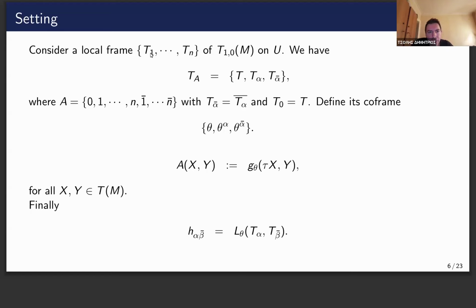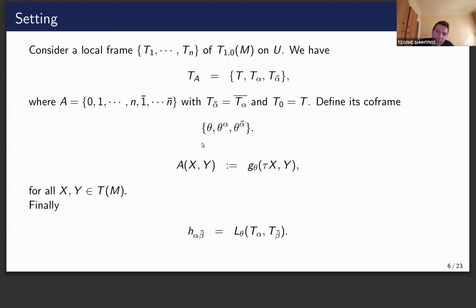And alpha runs between 1 to n. So we also said that T0 is just the Reeb vector field T. Okay, now we can define a coframe. And the coframe is just theta alpha and theta alpha bar, where alpha bar is defined in a similar way as this thing.